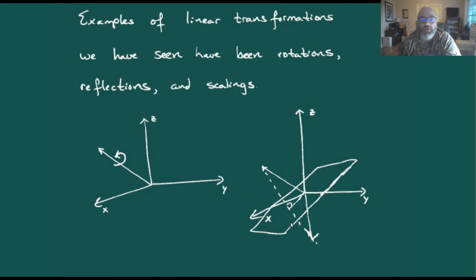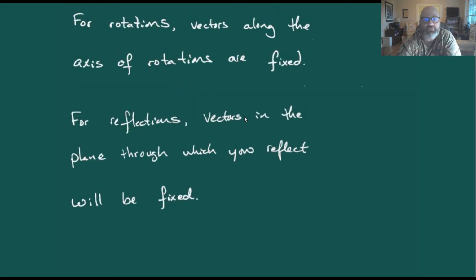We've seen reflections, where we've got a plane passing through the origin and we're reflecting across that plane. And then scalings, where we're not really changing the direction of a vector, but just making it longer or shorter in particular directions.